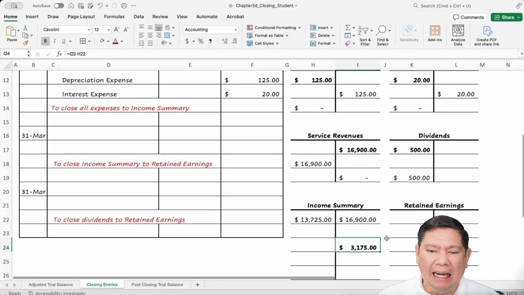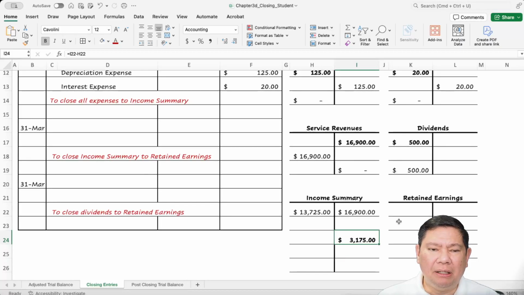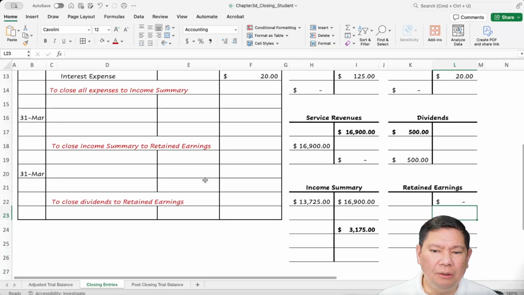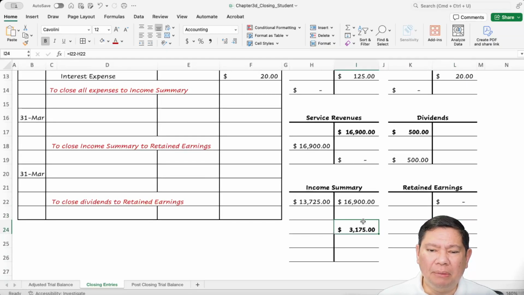Okay, and then this income summary will be closed to retained earnings. Because our retained earnings started with zero. There was no previous period. This is the first period. So we're going to close this income summary. And to close this income summary, to make it zero, we have to put a debit here.